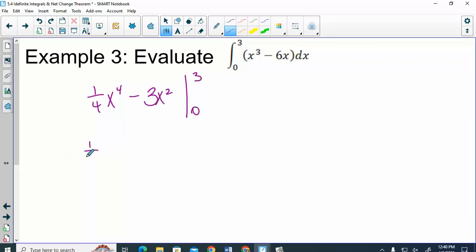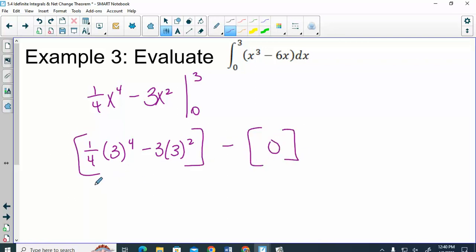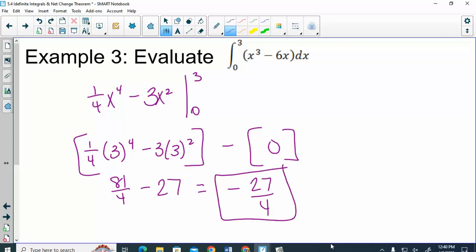So if we plug in the 3, minus, put in 0, you just get 0. And we get negative 27 over 4.